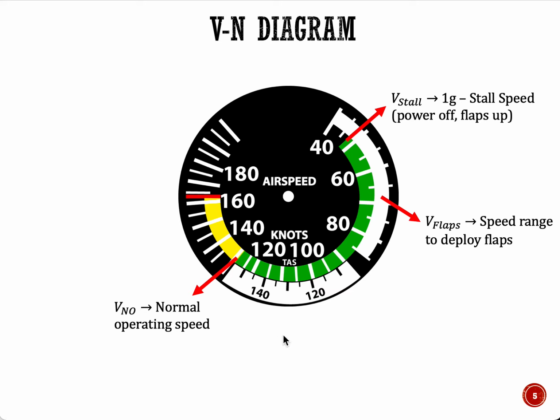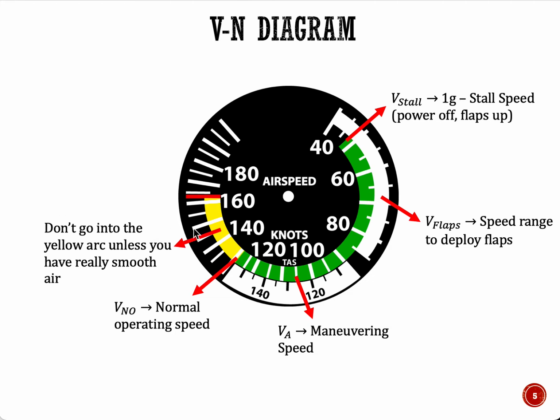This is essentially a range where you can operate, essentially the cruise speed, or I would say the max cruise speed in here. And then near the max cruise speed, you have the maneuvering speed in here, all right? And this yellow region indicates a flight speed where you can only go if you have smooth air.